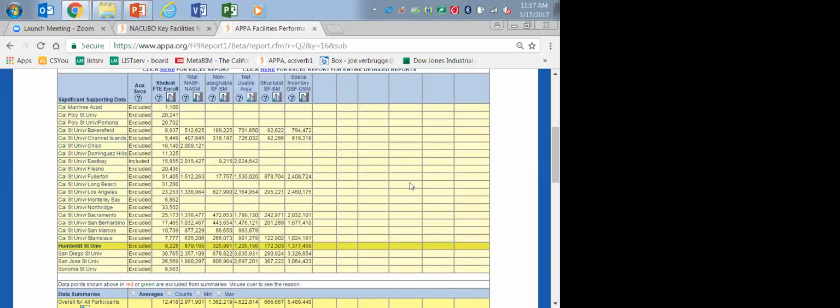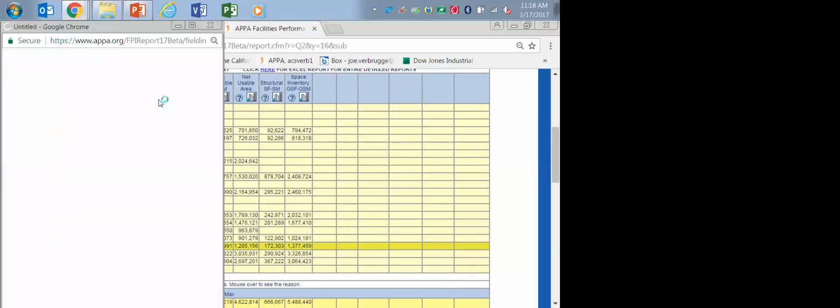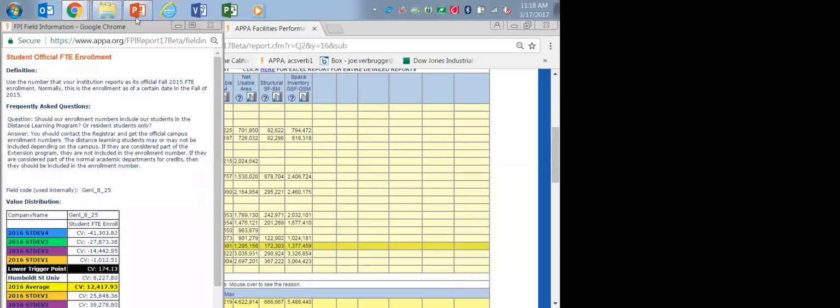So I want to highlight one other thing on these reports: whenever we want to graph anything in a column, we can click on the graph icon, which is just to the right of the question mark. Anytime you want to look at a graph, you can click on that and it'll graph the information in that column. The question mark to the left is the definition of what's in that column. So you can click on that to better understand what information is being collected.